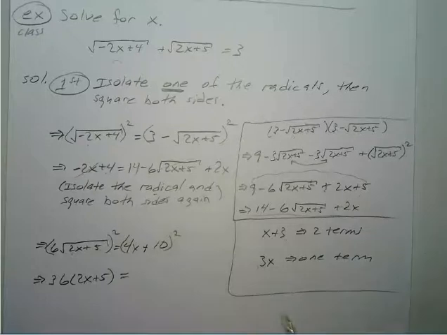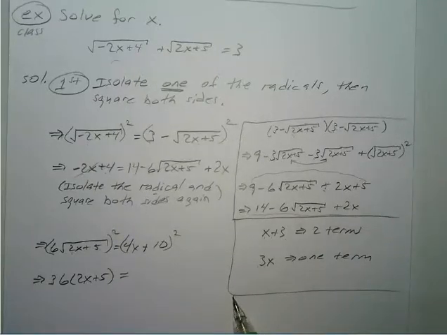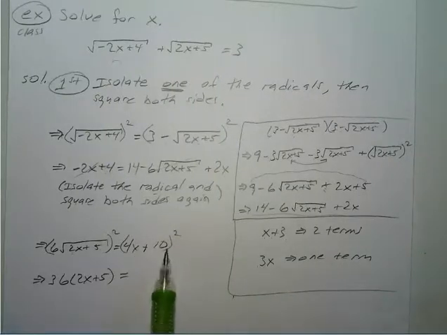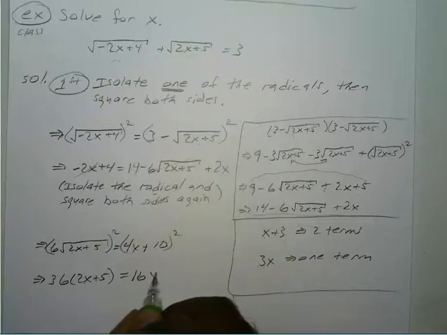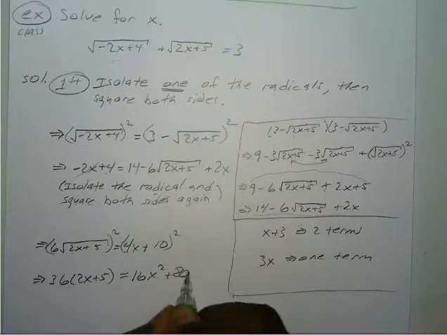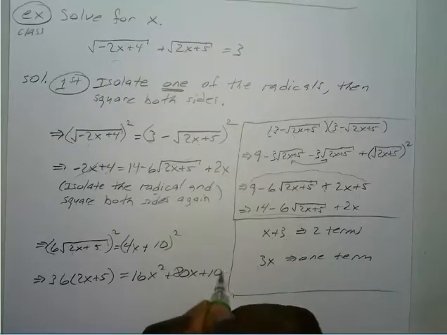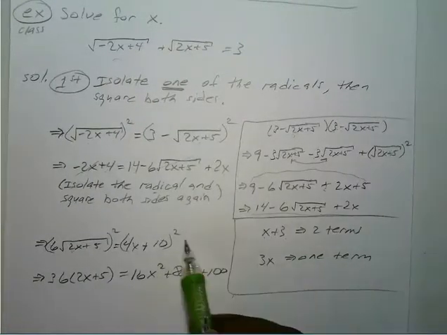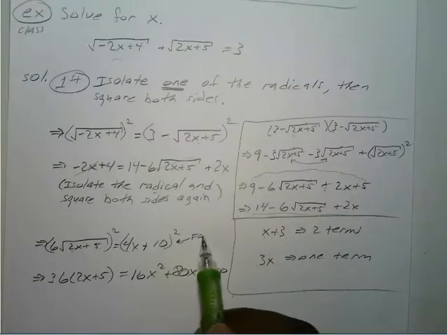That's equal to, well, I'm not going to do all the steps, but 4x plus 10 squared is 4x plus 10 times 4x plus 10. So if you use the FOIL method, you would get 16x squared plus 80x plus 100.